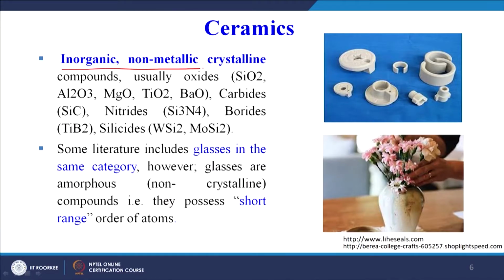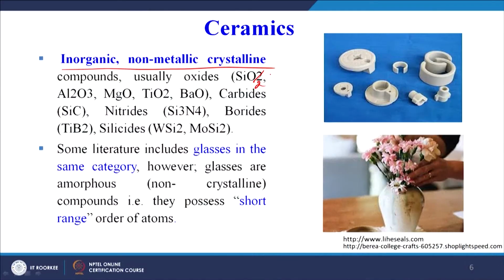Now let us see the second category, that is the ceramics. In ceramics we can see they are inorganic, non-metallic crystalline compounds. So they are non-metallic. Obviously the properties that we have listed for metals, ceramics will not have all those properties, but ceramics will have their specific or special characteristics which can make them an engineering material.